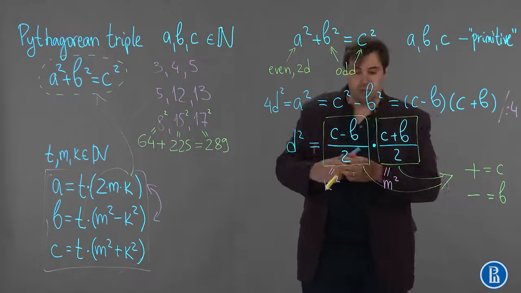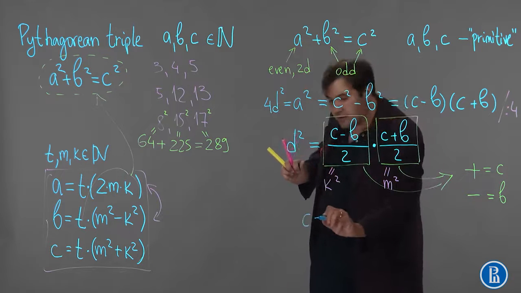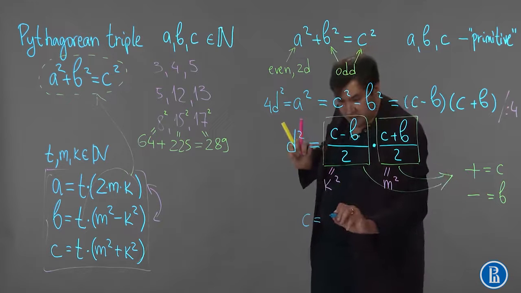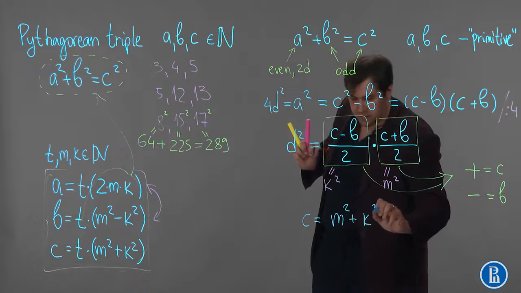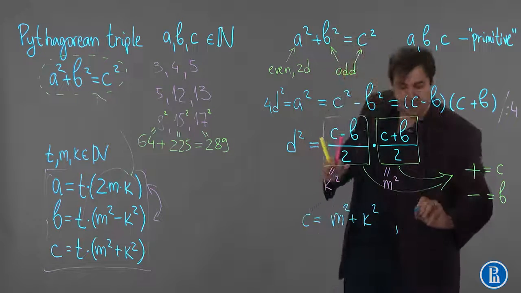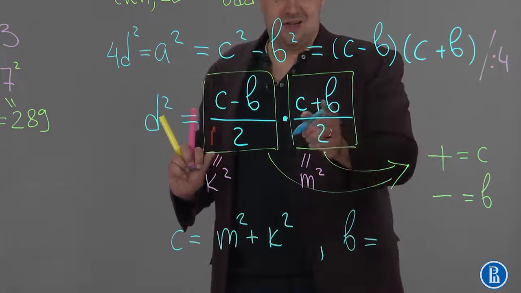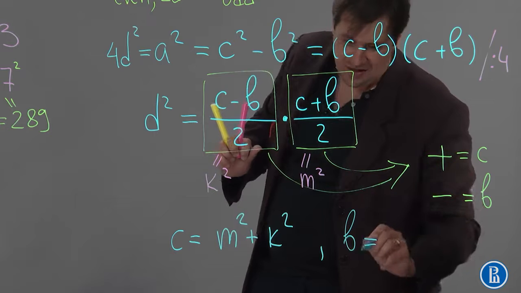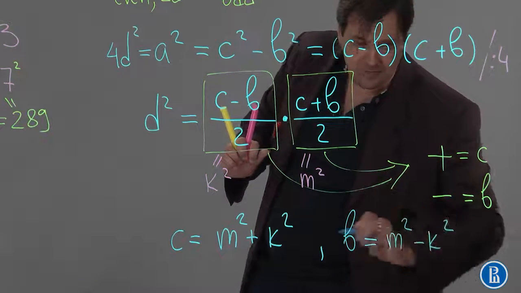After that, we can conclude that c is equal to the sum of these fractions, which means that c is equal to m squared plus k squared. Also, we see that b is equal to the right fraction minus the left fraction, which means m squared minus k squared.